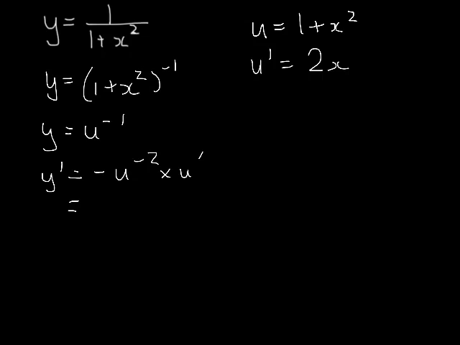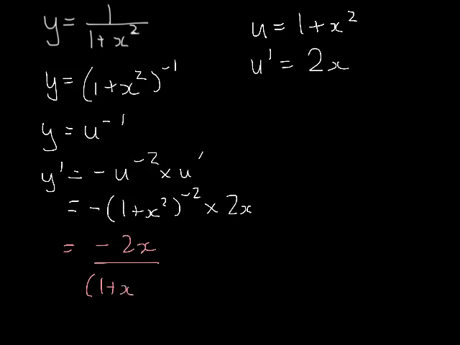Now that's going to be minus 1 times (1 plus x squared) to the power of minus 2 times 2x. And if we rearrange this, we get minus 2x over (1 plus x squared) all squared.